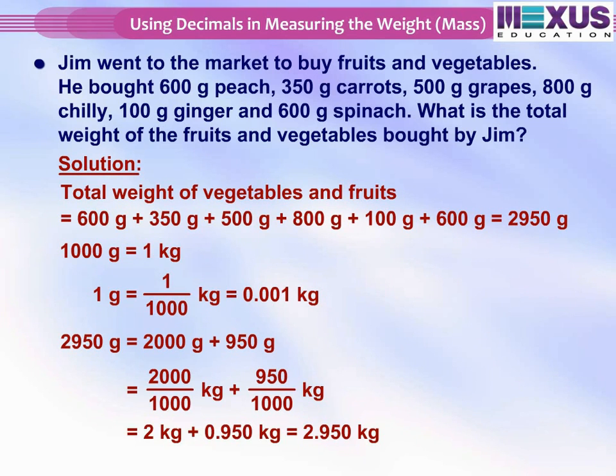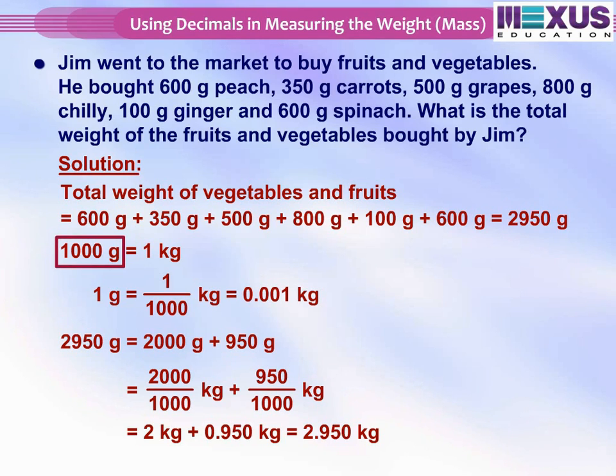Let us add the weight of all the vegetables and fruits Jim bought from the market. 600 grams plus 350 grams plus 500 grams plus 800 grams plus 100 grams plus 600 grams is equal to 2950 grams.